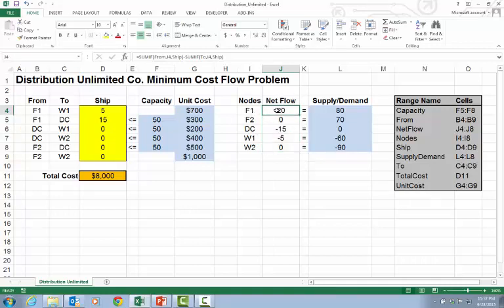Now you could do this by just simply going through and identifying the out nodes of the DC minus the, you could say, well, okay, the ones coming out would be this one and this one out of the DC minus the quantities being shipped into the distribution center, which is this quantity and this quantity.